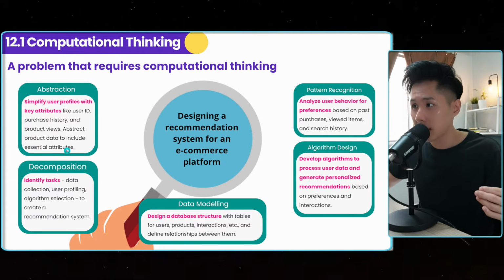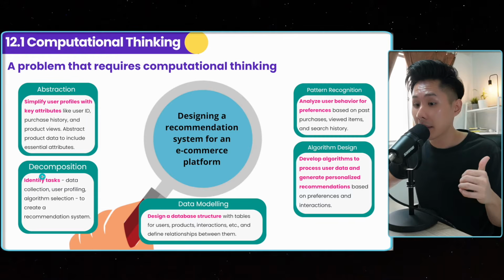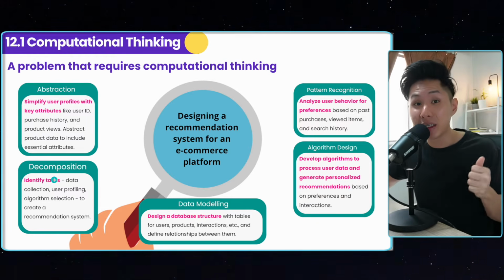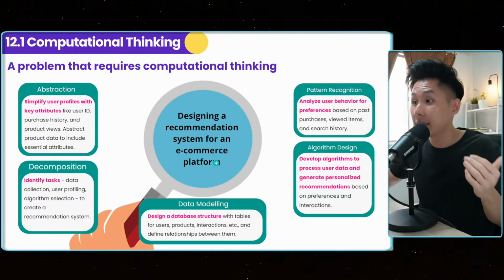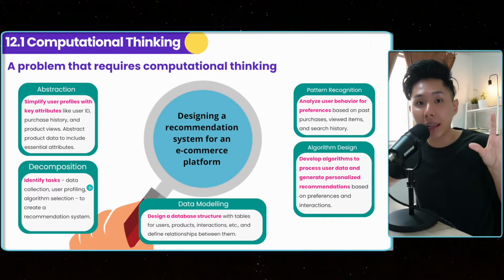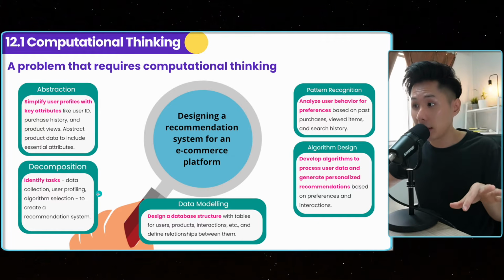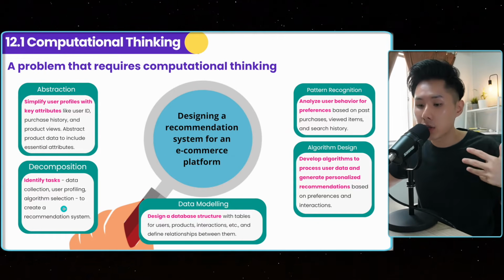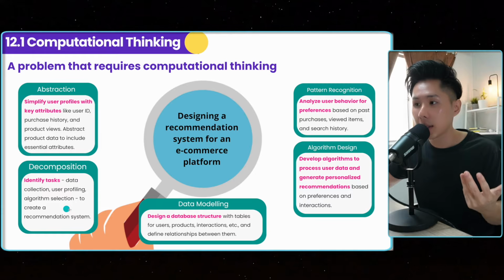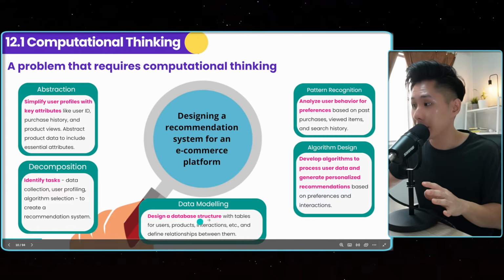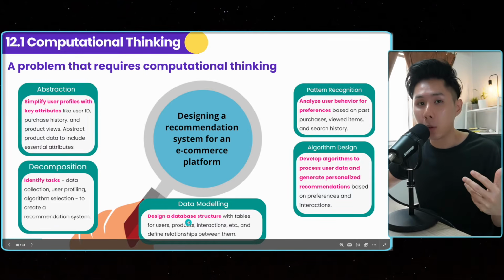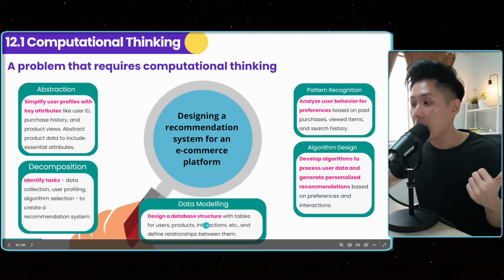So that's abstraction. Decomposition might be that they need to identify tasks that need to be done to create this platform, like how do they collect data, user profiling, algorithm selection, which machine learning algorithm they're going to use to create a recommendation system. Data modeling, this is pretty straightforward. We talk about it in databases.